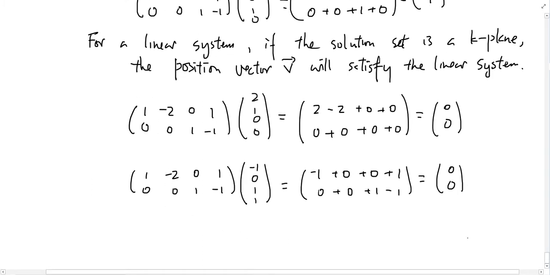The interesting thing about it is the following. For a linear system, let's call it A vector x equal to B, because I do need to somehow represent it.